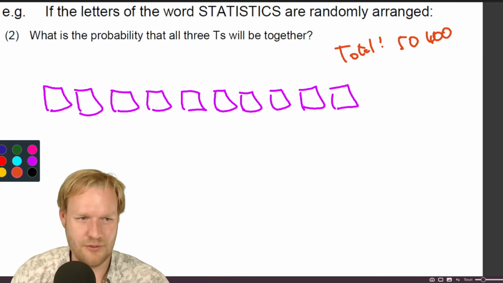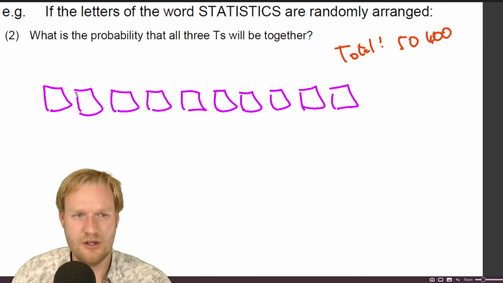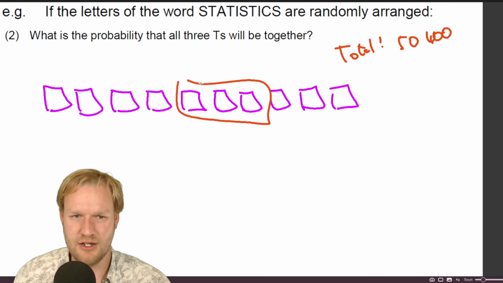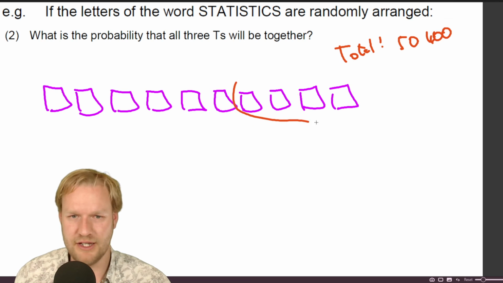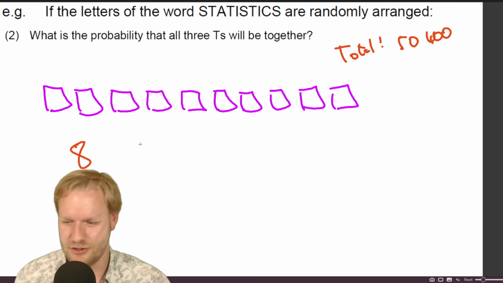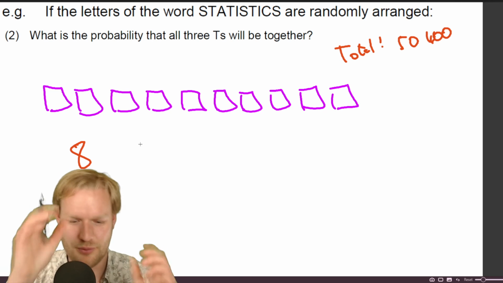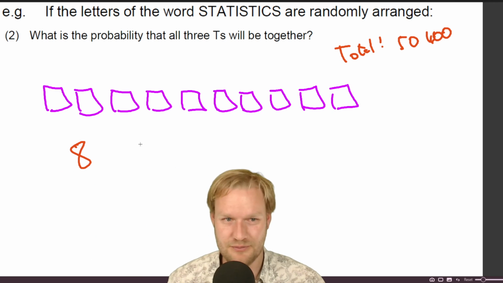So let's have a look. We could have the 3 T's together over there, right? We could have the 3 T's together there, and so it would go. If we count all of those options up, I counted 8 different options. So there are 8 different ways we could group the T's.